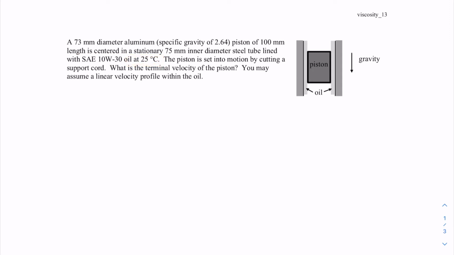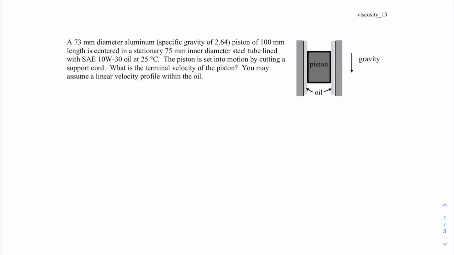So since this whole assembly is under the action of gravity, the piston will move down due to its own weight, and there will be shear forces acting on the sides of the piston in the opposite direction to its motion.